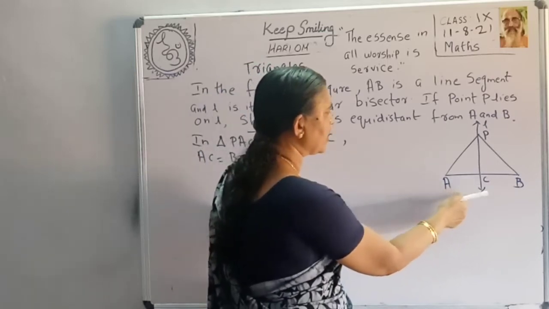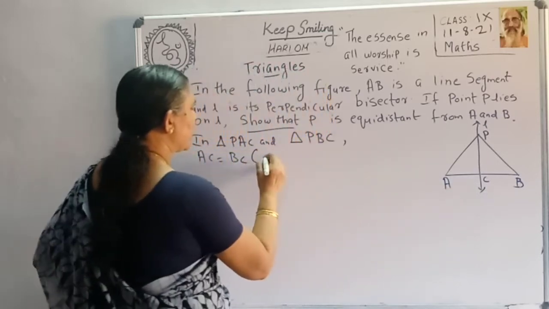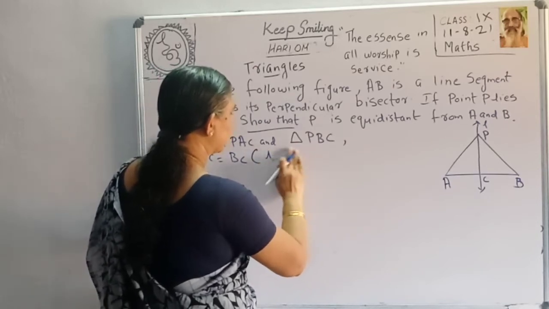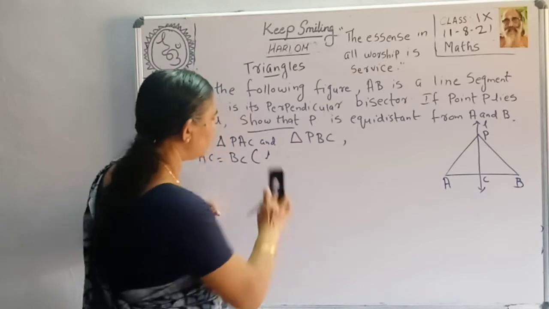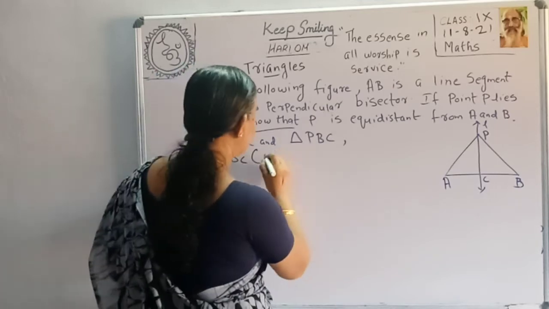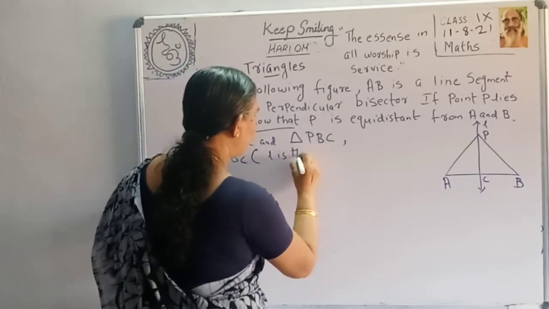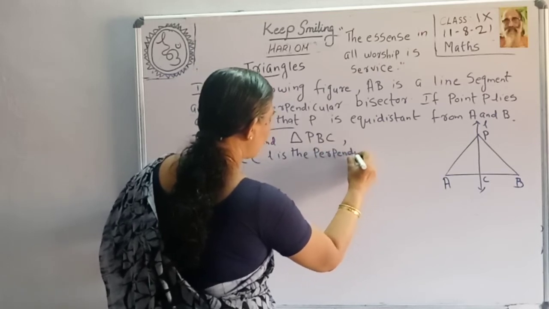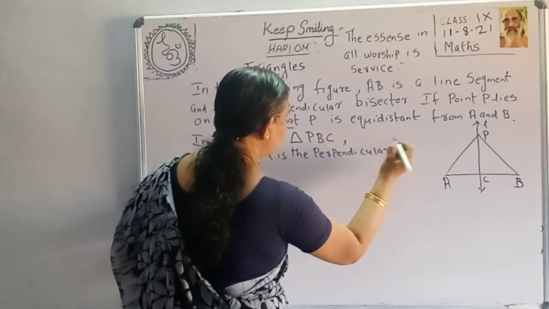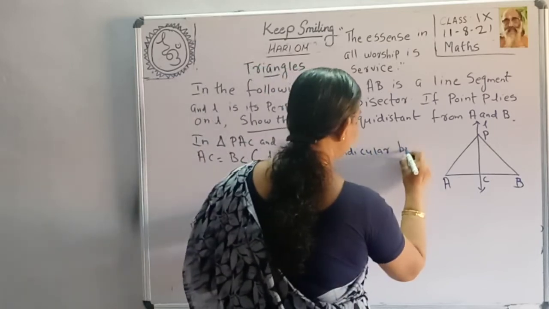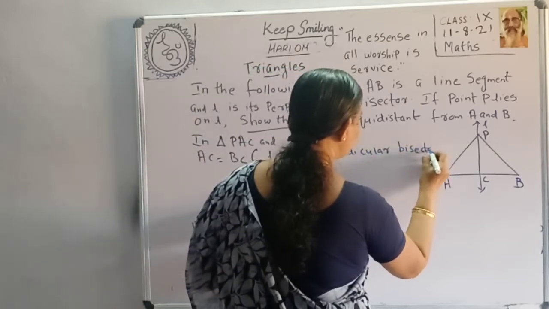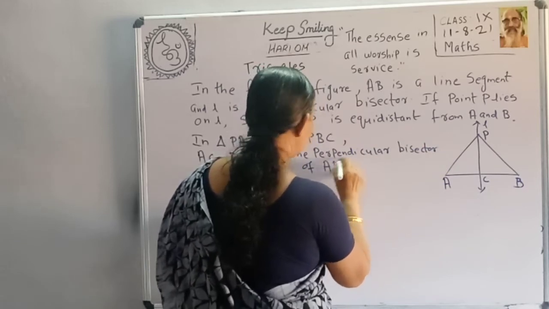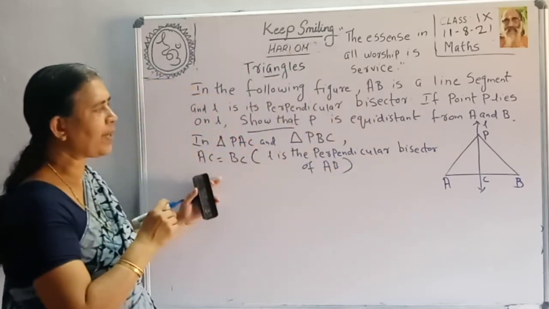Therefore, AC is equal to BC because L is the perpendicular bisector of AB.